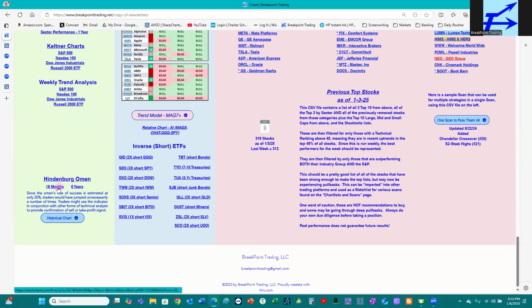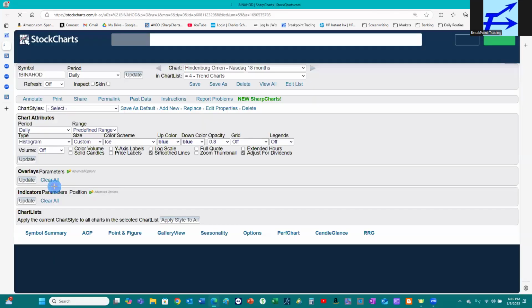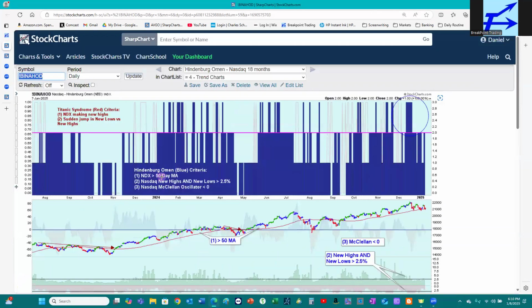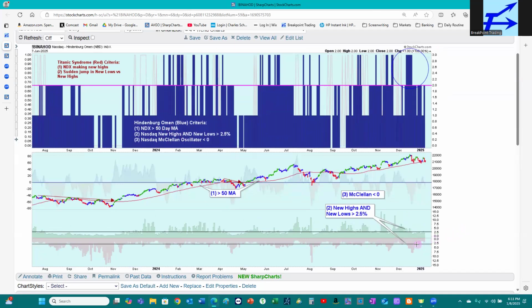But this is the Hindenburg Omen, basically made up of three components. One is the NASDAQ needs to be above its 50-day moving average, which it is right here. The new highs and new lows are greater than 2.5%. So you can see the 2.5% line is this black line right here.